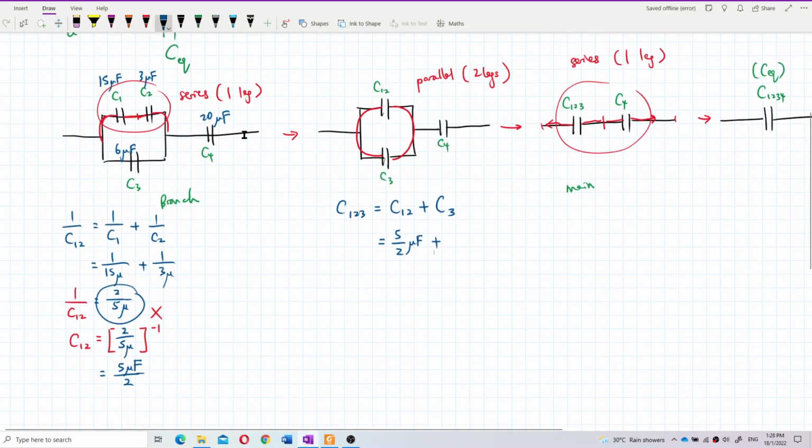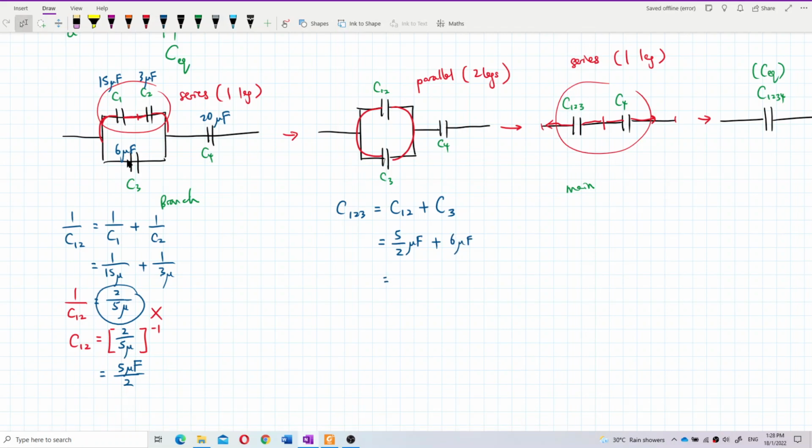C3 is 6 microfarad. So 5 over 2 plus 6 gives 17 over 2 microfarad. That's my answer. No need to invert, because this is C, not 1 over C here.